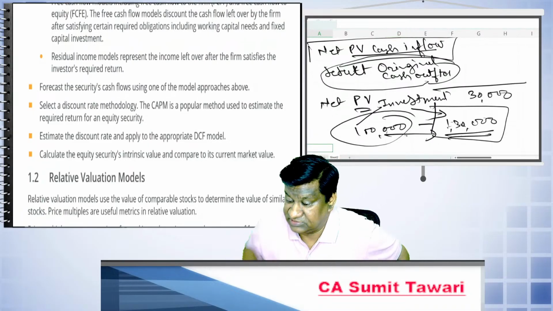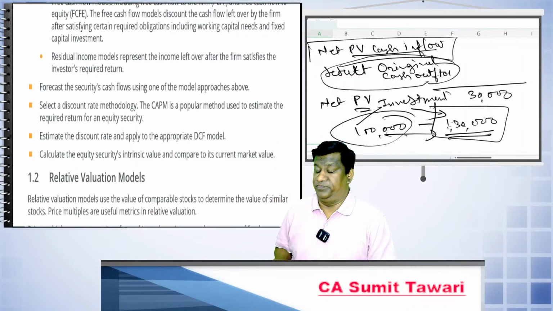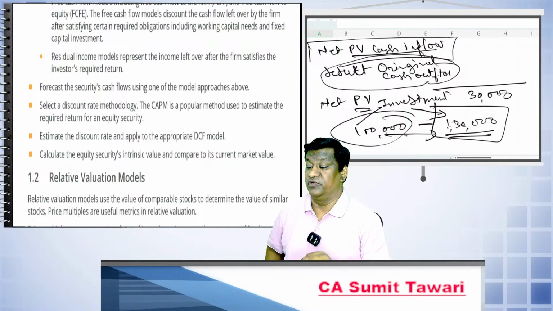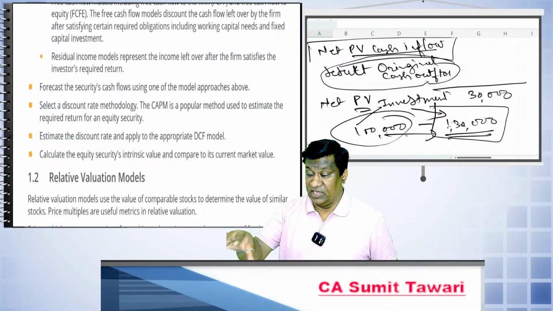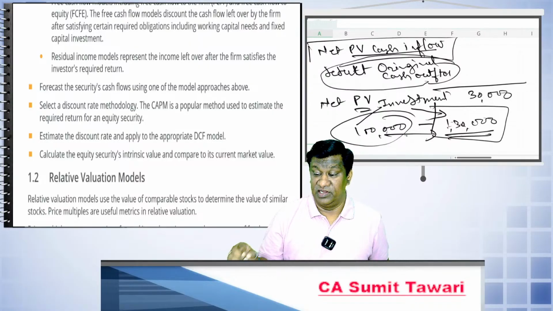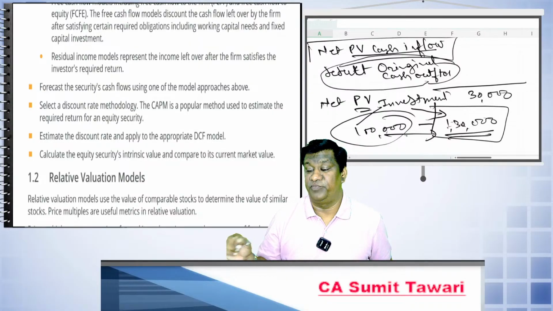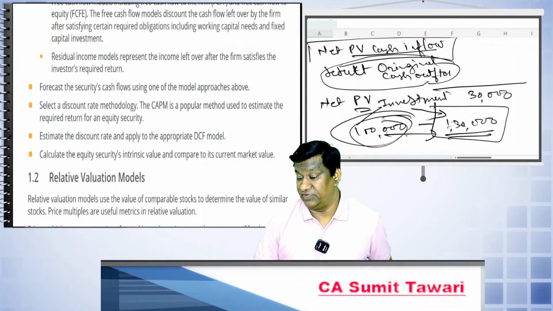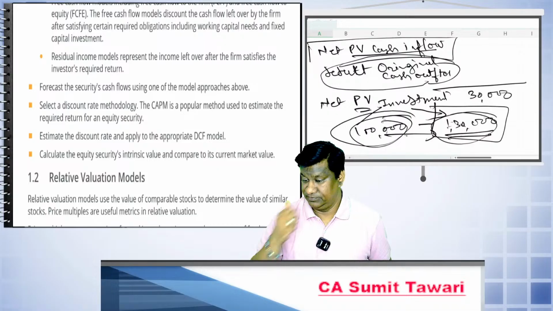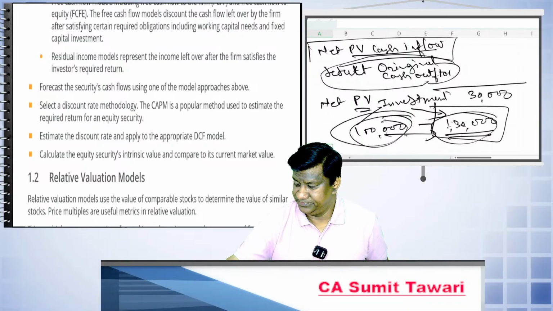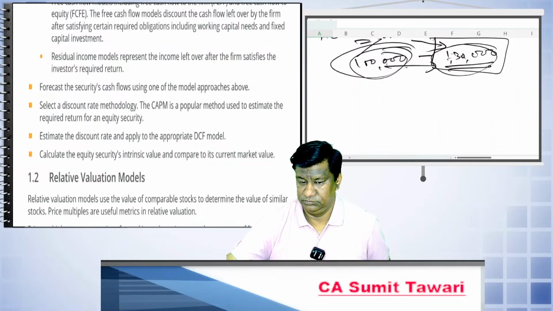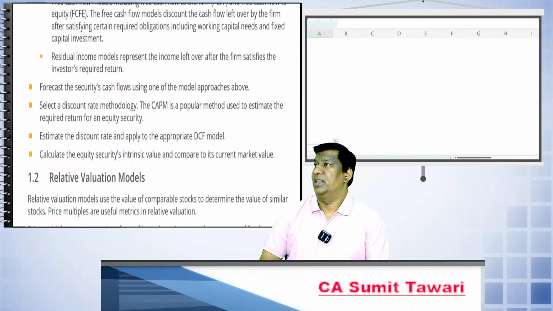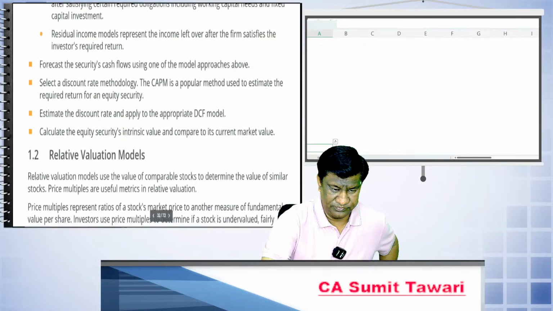We are using the same formula for other purposes as well, but here we are just calculating what is the value of my investment. I initially invested 1 lakh, and if I calculate all this and find the net present value of all my cash inflow is 1,30,000, so the value of this 1 lakh investment is 1,30,000. Clear? Any doubt? Any issue?